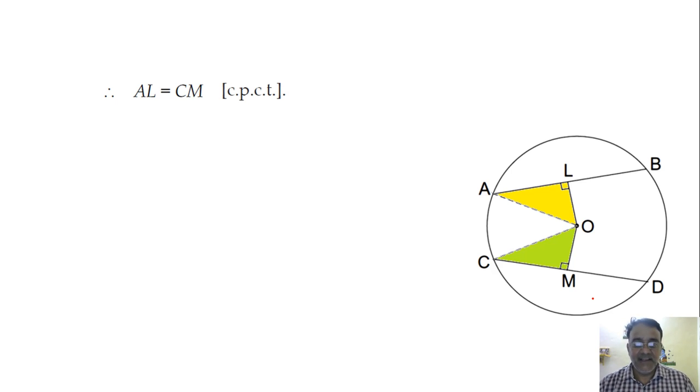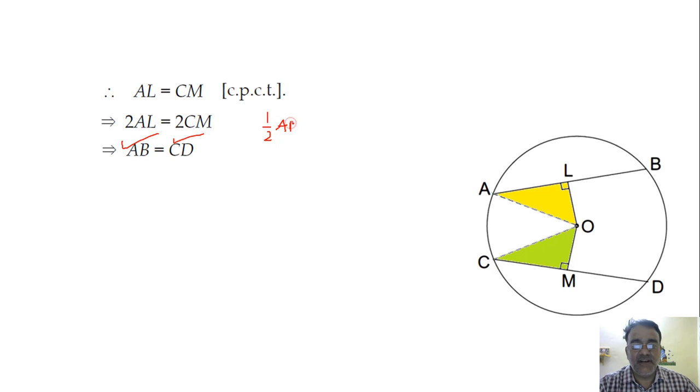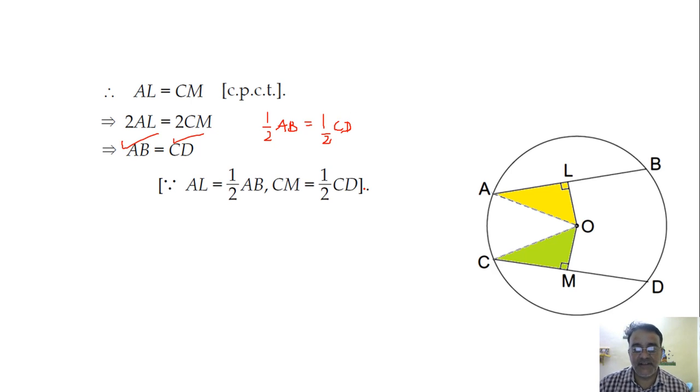Right. Now AL was half of AB and CM was half of CD, so 2 times AL will be equal to AB and 2 times CM will be equal to CD. We could also write it as half of AB is equal to half of CD, and after cancelling the half, AB is equal to CD. Okay, so this is the proof of this theorem.